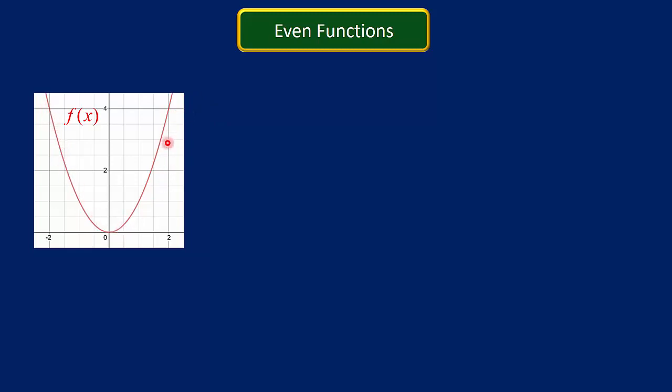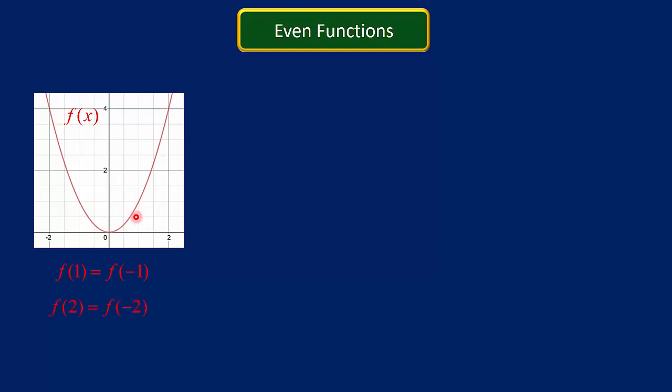Now, let's just make an observation here. Notice that if I come over here and evaluate this function at 1, and I find f of 1, notice how it has exactly the same value if I come over here to negative 1. See? At negative 1, we have the same value. F of negative 1 and f of 1 is the same.